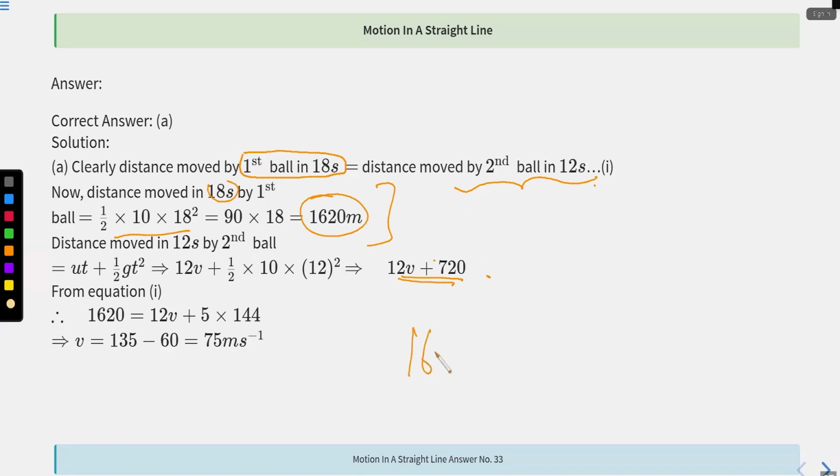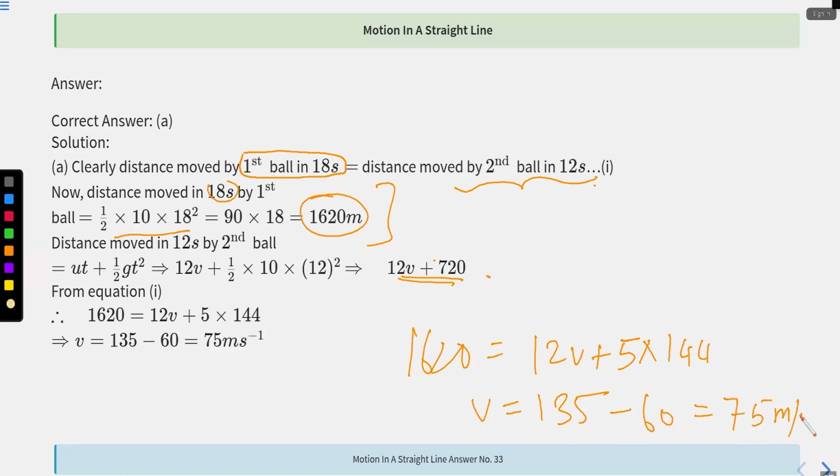So basically 1620 is equal to 12v plus 5 into 144. v is equal to 135 minus 60, which is 75 meter per second. It was a pretty easy question, right? I hope it's clear.